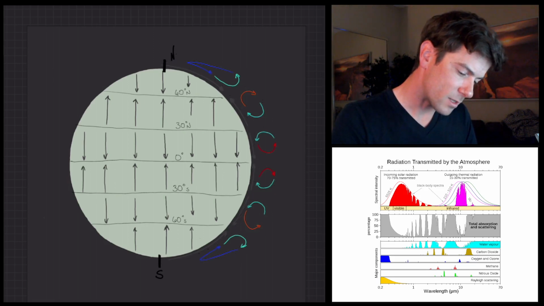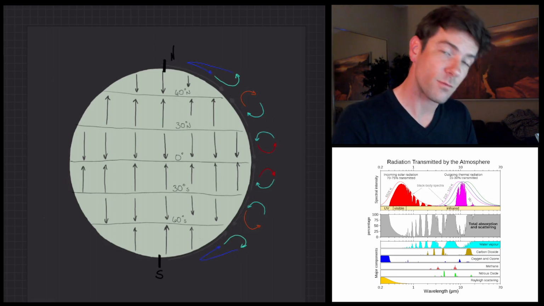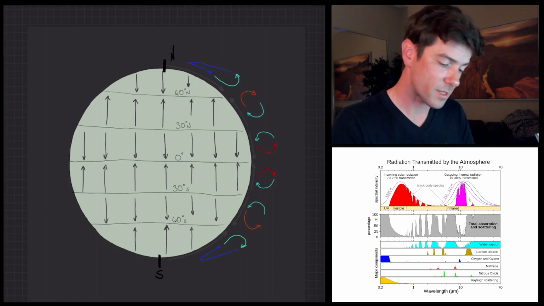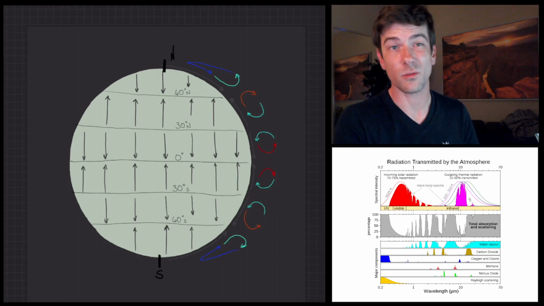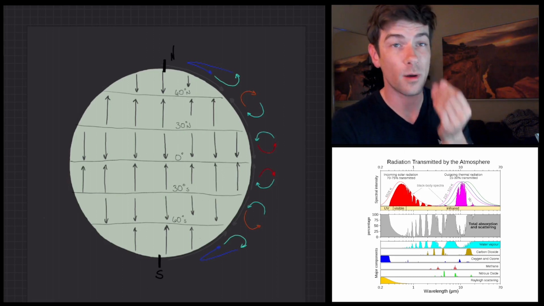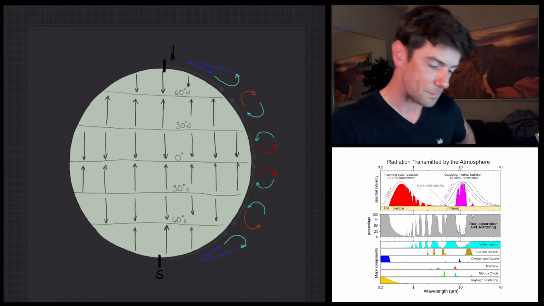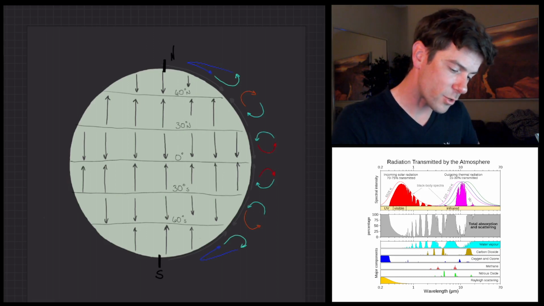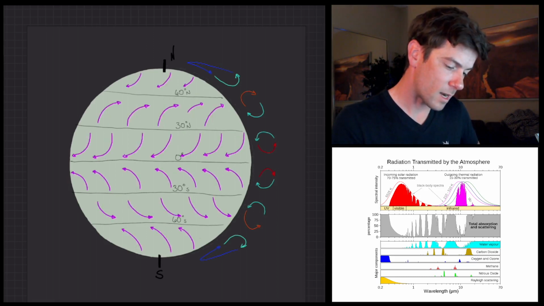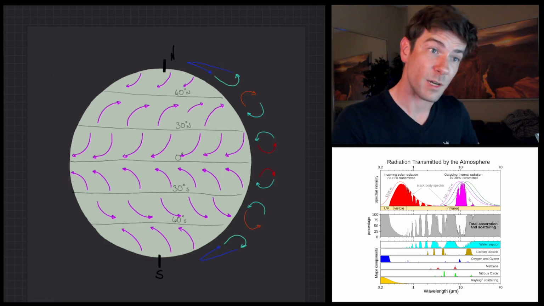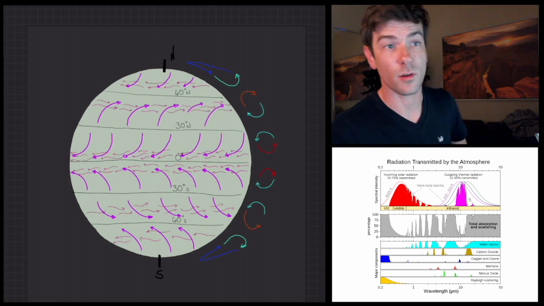Okay, and so we have those convection cells moving and creating these flows on the Earth's surface, but because of the Coriolis effect, objects in the north are deflected to the right, and objects in the south appear to be deflected to the left. And so those straight lines turn into these curved lines here. And that gives rise to the dominant winds that we experience on the Earth's surface.